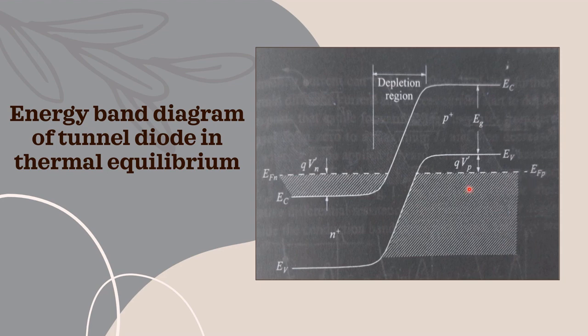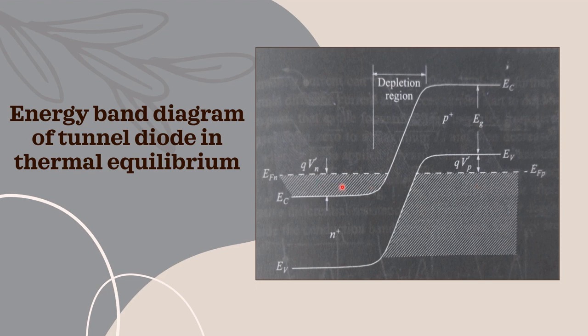So the Fermi level is constant throughout the system when we do not apply any bias voltage, right? So this is the thermal equilibrium condition.